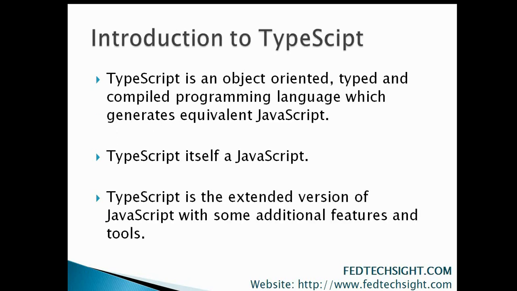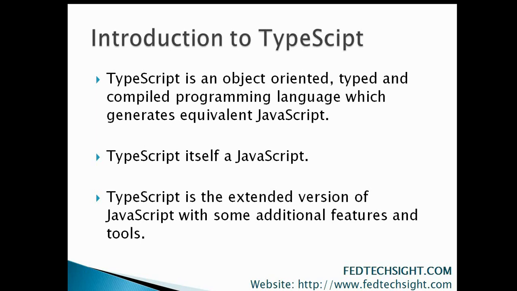So first of all, the introduction, right? As we can see here, TypeScript is an object-oriented, typed and compiled programming language, similar to Java and C Sharp, which generates equivalent JavaScript, right?